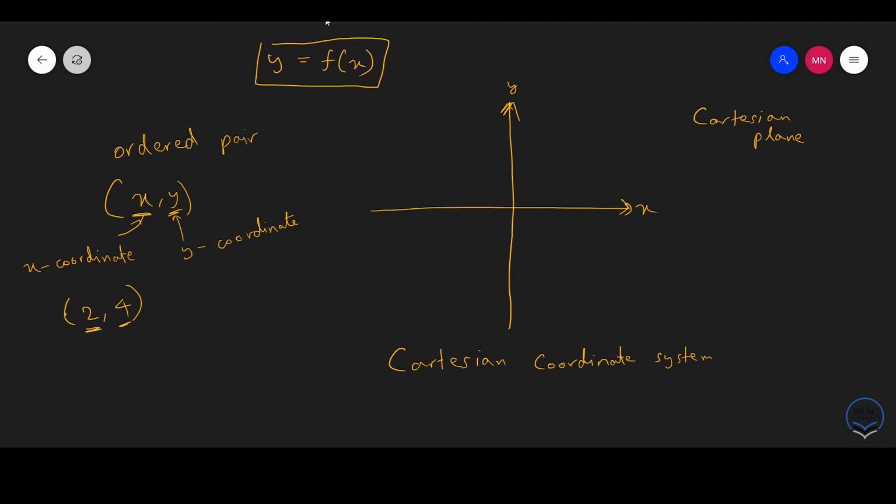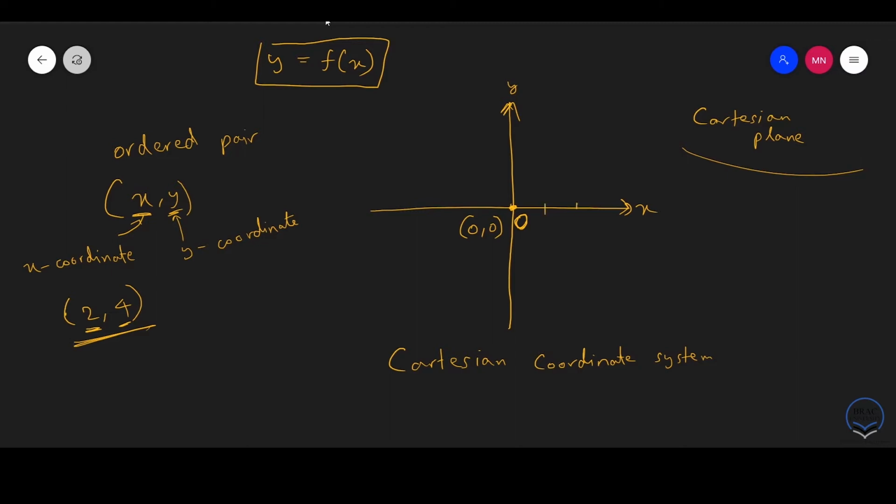So if we were to plot this point on our Cartesian plane, what would we do? The origin of this Cartesian plane is the point 0, 0. This is the origin, which is symbolized by this O. And in order to plot this point, we will go 2 units on our x-axis to the right.